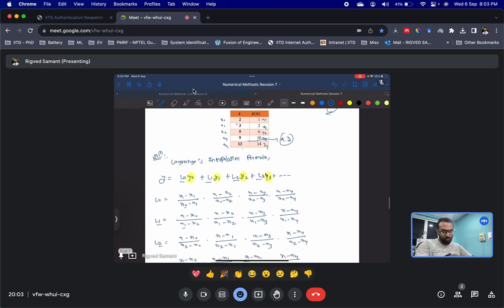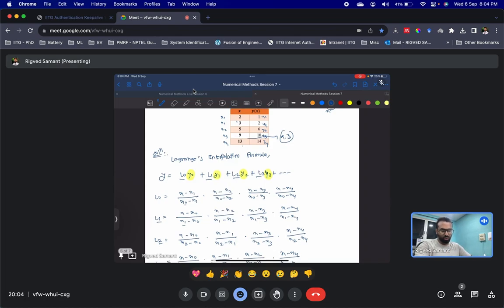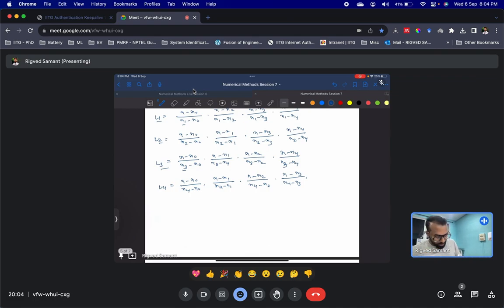If you plug this 9.3 here and put in those x1, x2, x3, x4, you will get the values: L0 is equal to minus 0.1301, L1 would be 0.2903, L2 would be minus 0.2658, L3 would be 1.0889.